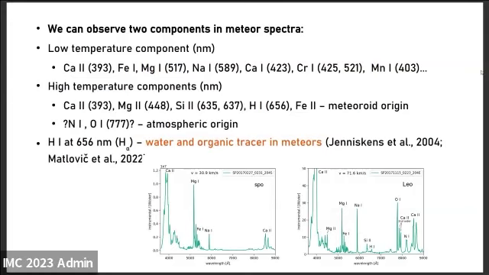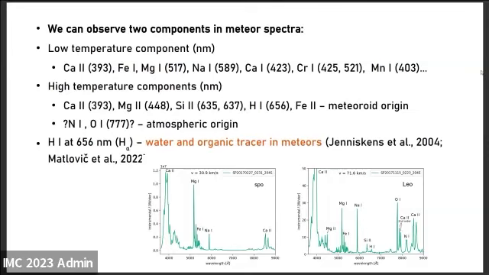We also assume that part of the high temperature component are lines of atmospheric origin, such as oxygen and nitrogen, but they behave a little bit differently. So that's why there are these question marks.